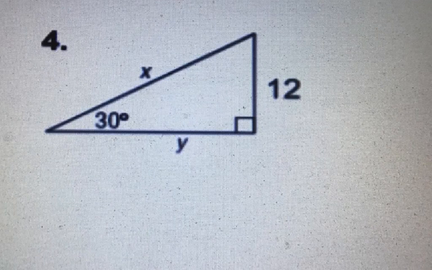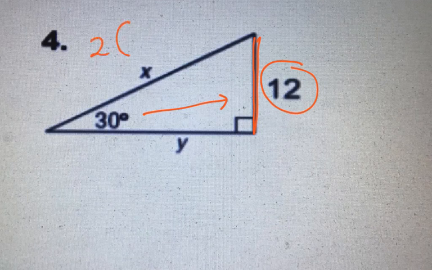Okay, do you agree that the 12 here is my short side? See how it's opposite the 30. What do I know? The hypotenuse up here is always 2 times the short side, and 2 times 12 is 24. What about the medium side down here, the y?